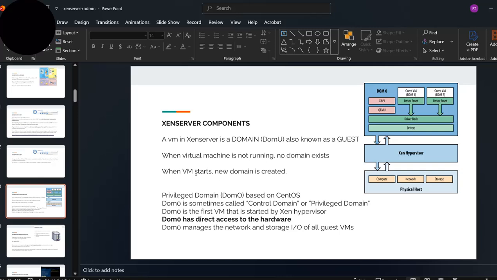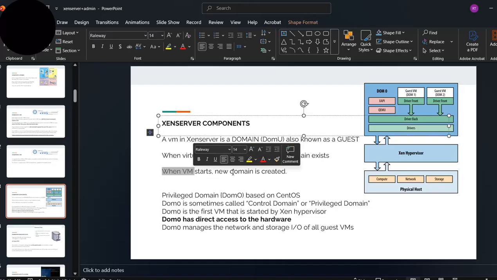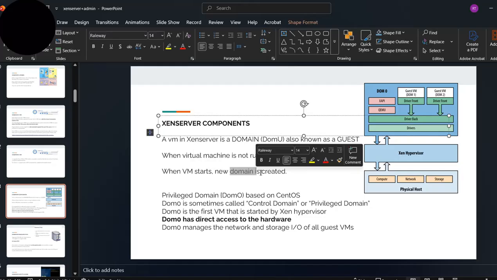When a virtual machine starts, the domain is created. That means a VM is a domain, and that domain is DomU. Every VM is DomU. Every guest domain is DomU. So DomU means unprivileged domain, and privileged domain means Dom0.